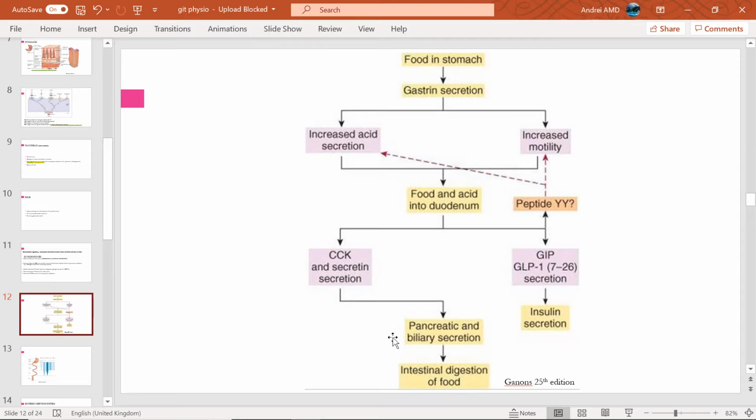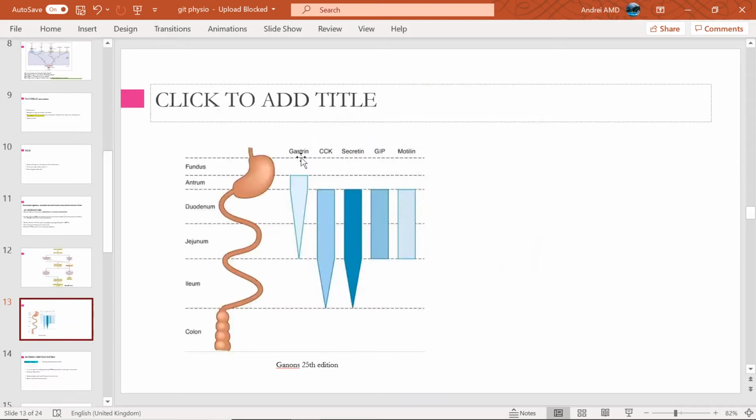Gastrin is an exception. It's secreted by the antrum, and this should be the one that's working first. So I just wanted to attach this to let you know that these hormones are not secreted in the stomach, but by the intestinal cells below that, like in the duodenum, jejunum, ileum. Okay.